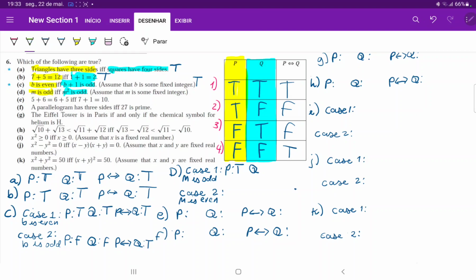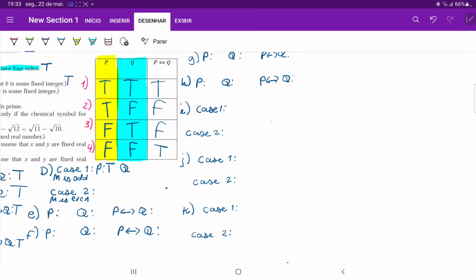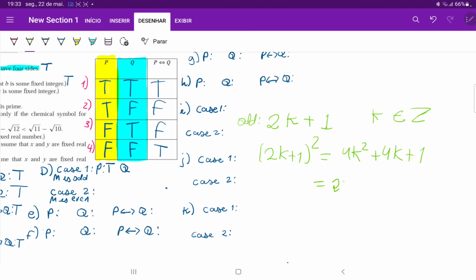And the reason that it is, and I'm going to put this in a different color here, is that an odd number is defined as a number of the form 2k plus 1, where k belongs to the set of integers. So as long as k is an integer and you can express it as 2k plus 1, this is the definition of an odd number. Therefore, if we square this, we're going to have (2k plus 1) squared, which is equal to 4k squared plus 4k plus 1, which is equal to 2 times (2k squared plus 2k) plus 1.